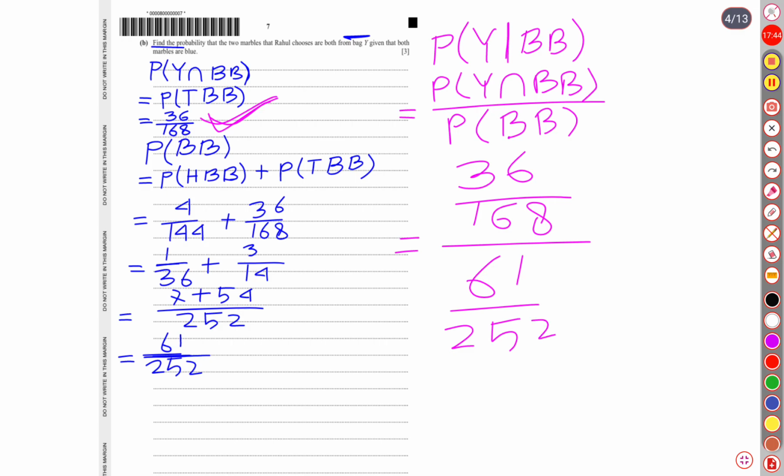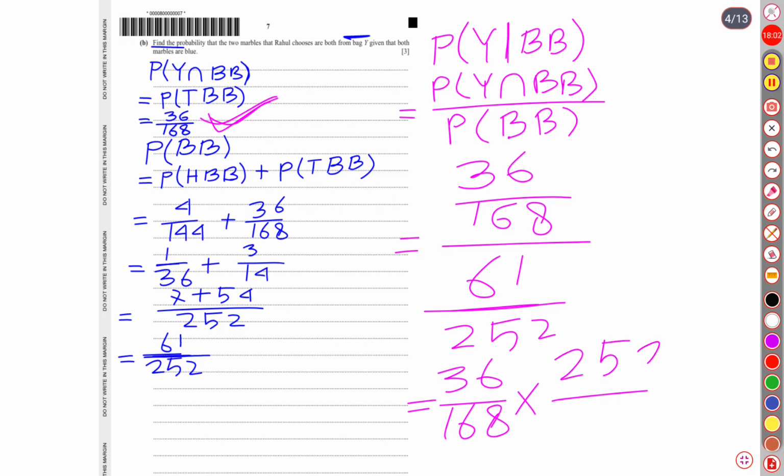If we write this in the simplest form, it is going to be 36 over 168 into the reciprocal of the denominator, 252 over 61. Then finally, let us use our calculator: 36 over 168 into 252 over 61.